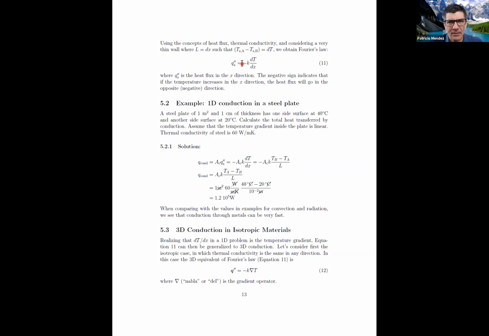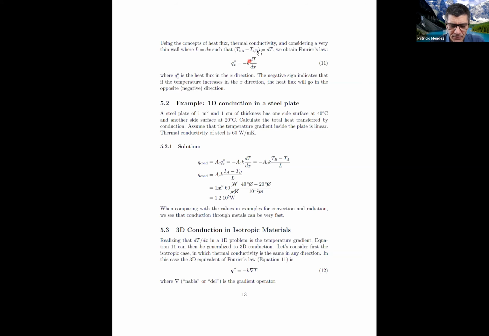That's a fancy way of saying heat goes from hot to cold, which we all know. We did an example and we saw that heat conduction in metals is very fast, under the conditions we considered faster than convection or radiation.